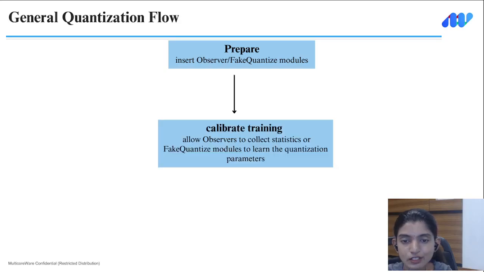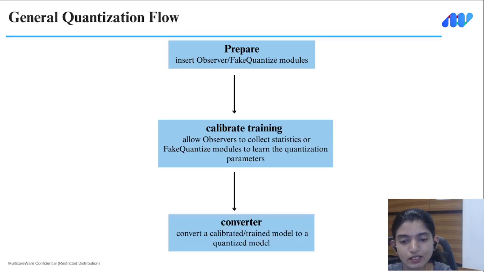Then calibration or training, depending on the method. If you are using the post-training method, we will use calibration. If it is quantization-aware, then we will use training. This allows the observers to collect the statistics. If it is training, fake quantization is used to learn the quantization parameters. Finally, we convert the model to the quantized one.